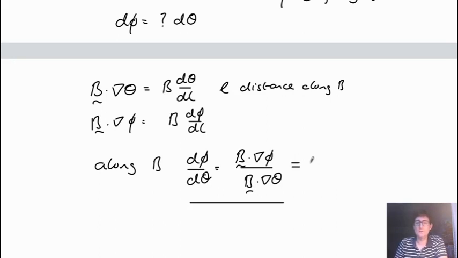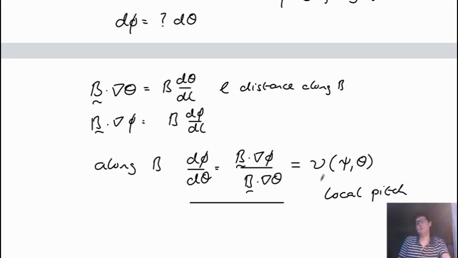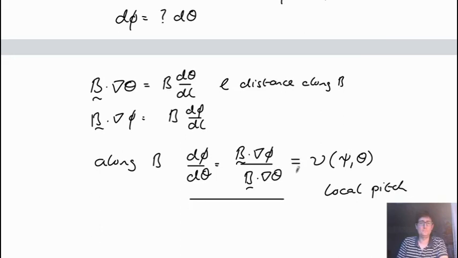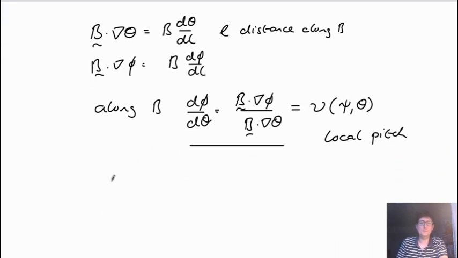This is often called nu. It's a function of psi and theta, and it's called the local pitch. It depends on the pitch of the field line, so it's how much toroidal field there is compared to poloidal field, for example.